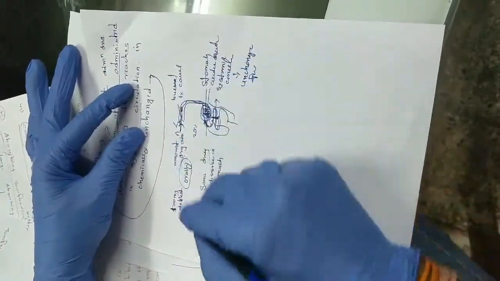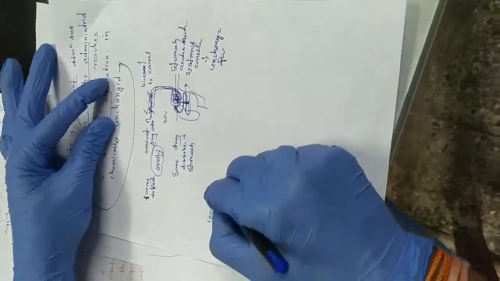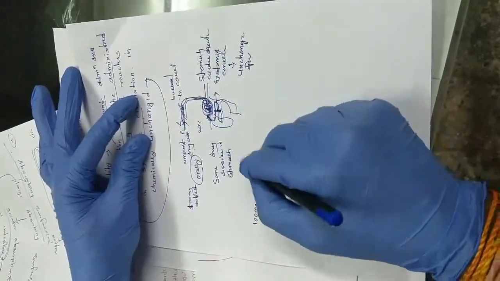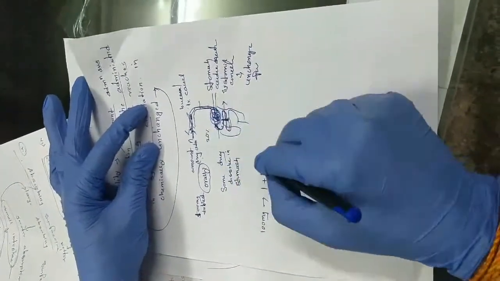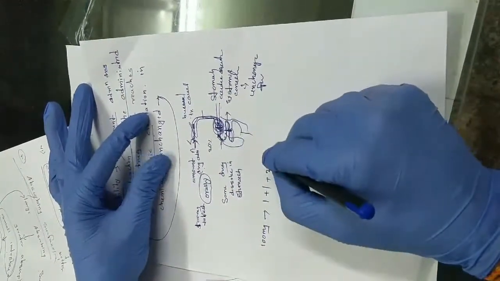For now, you can take the 100 mg tablet. See the losses: 1% in the cavity, some in the esophagus +1, here 20, and some in the intestine 4.